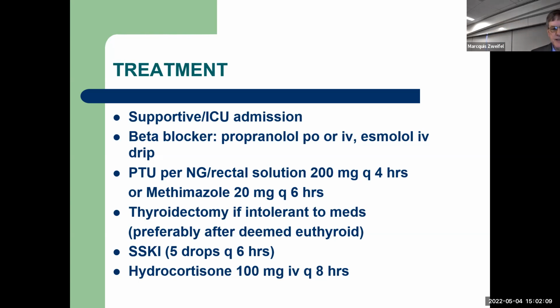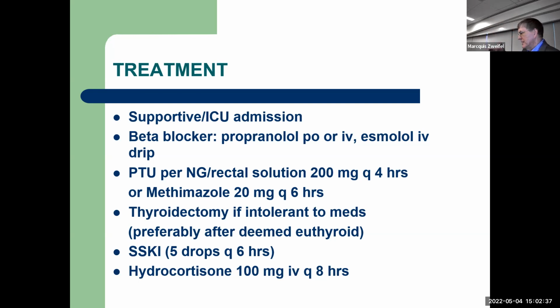Thyroidectomy, if intolerance to meds, the problem with that is you've got to get them euthyroid first. Okay, so you would give some kind of saturated iodine. SSKI is one of the forms. So 5 drops every 6 hours or every 4 hours.